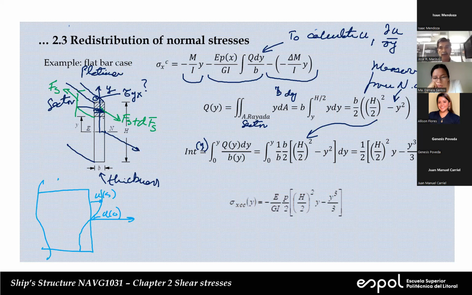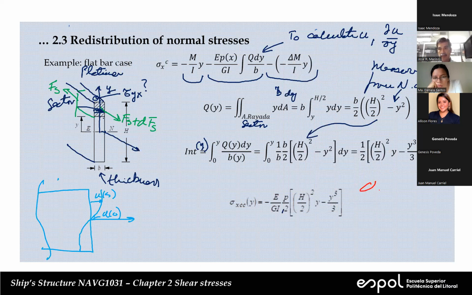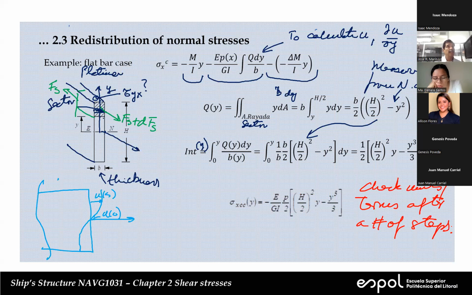This is a warning for you, just a suggestion: check units or terms every number of steps, because there are so many terms that we can easily get confused.